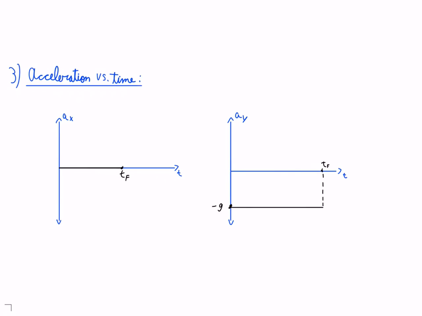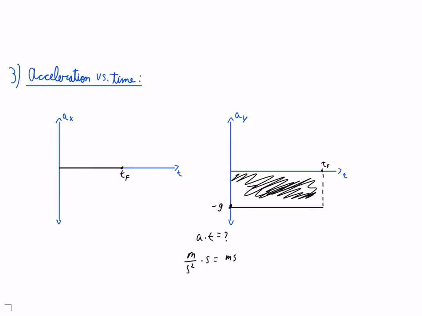Now again, let's analyze these graphs a little more and think about the area under the curve. So this area right here. We're looking at this rectangle, and we see that the height is acceleration and its length is time. So what is acceleration multiplied by time? Dimensionally speaking, we have meters per second squared multiplied by seconds.